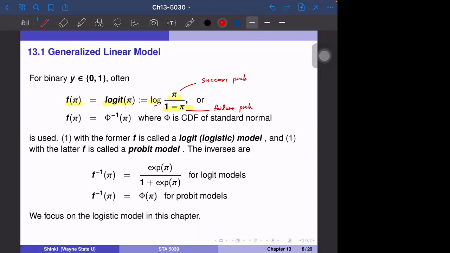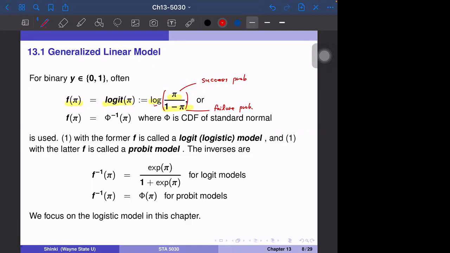If pi goes to 0, then this is log of 0 over 1, so it goes to negative infinity. If pi approaches 1, then the quantity pi over 1 minus pi goes to infinity, so the log of that also goes to infinity.